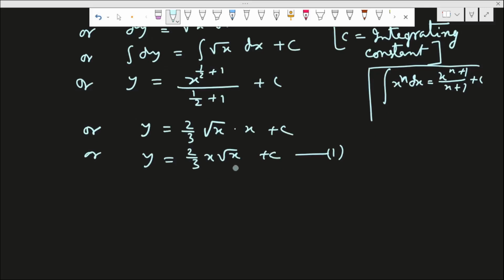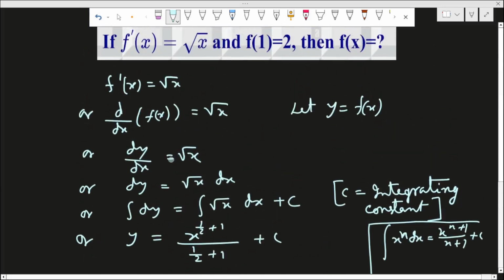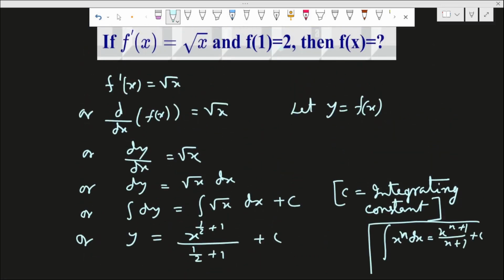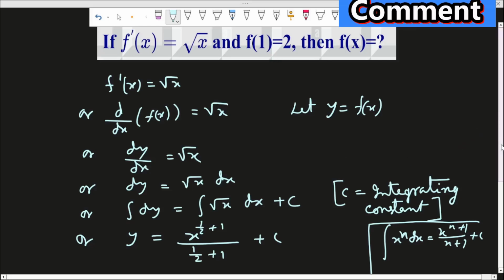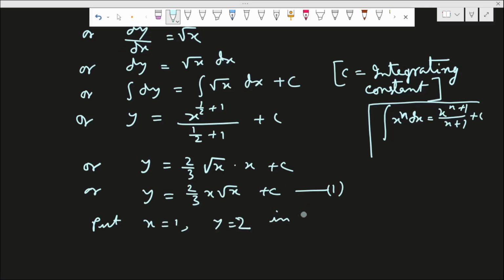Now we have to find out the value of c, because we have to find the function f(x), that is y. The other condition is f(1) is equal to 2. So put x is equal to 1, y is equal to 2 in equation 1.